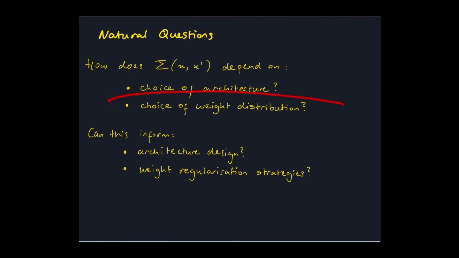How does it depend on the way I initialize the weights? And could you use these considerations to give a theoretical way to inform how we pick our architecture, and how we regularize the weights during training, so that this connection informs the way that we do deep learning?